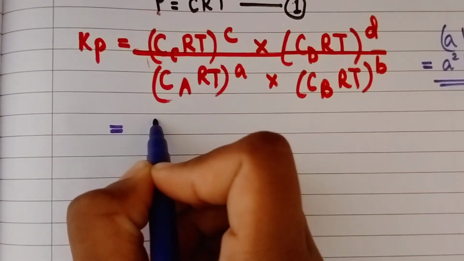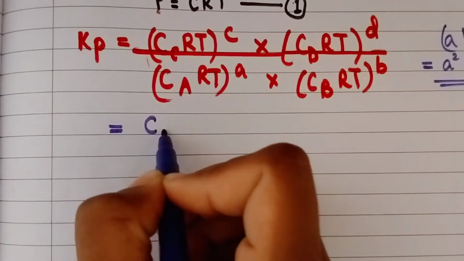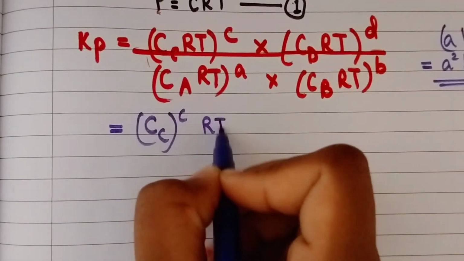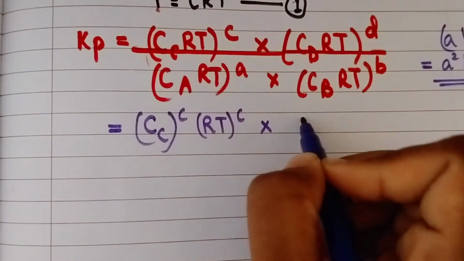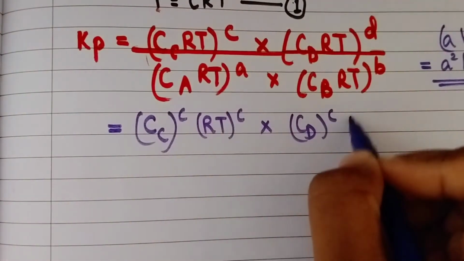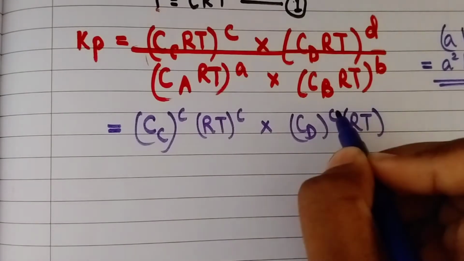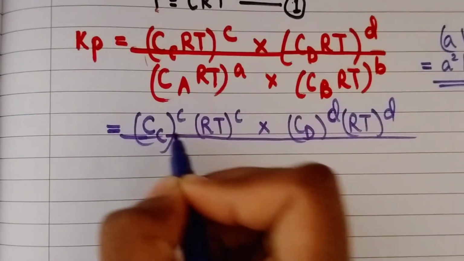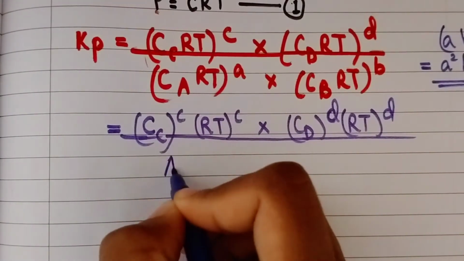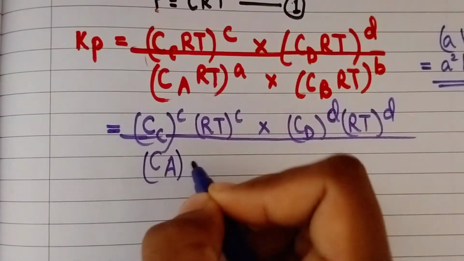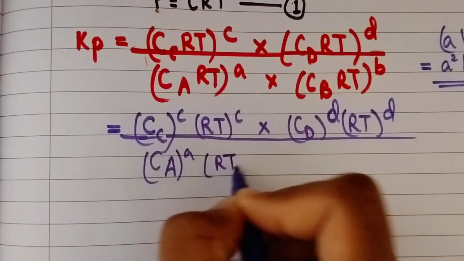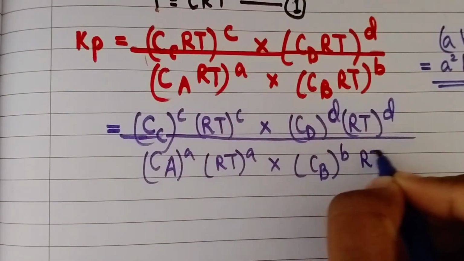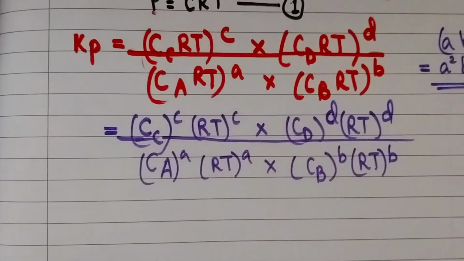We'll write concentration of C raised to c and RT raised to c, into concentration of D raised to d and RT raised to d, divided by concentration of A raised to a and RT raised to a, into concentration of B raised to b and RT raised to b. Understood this step?